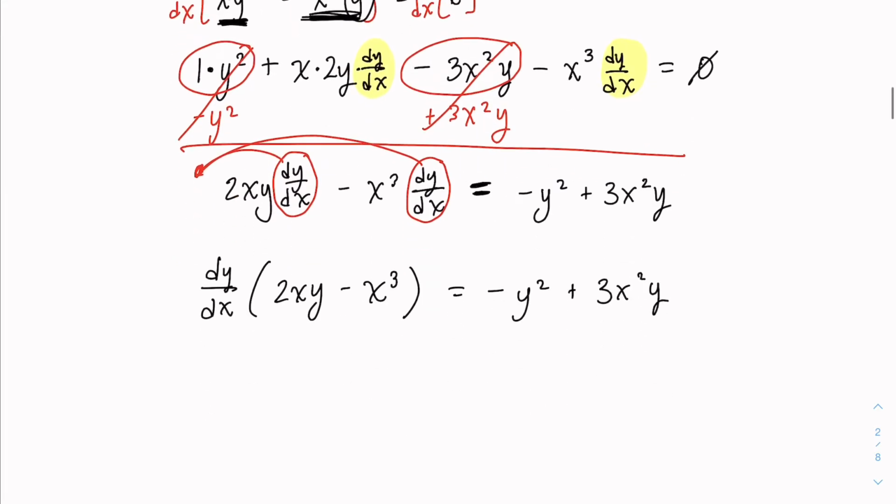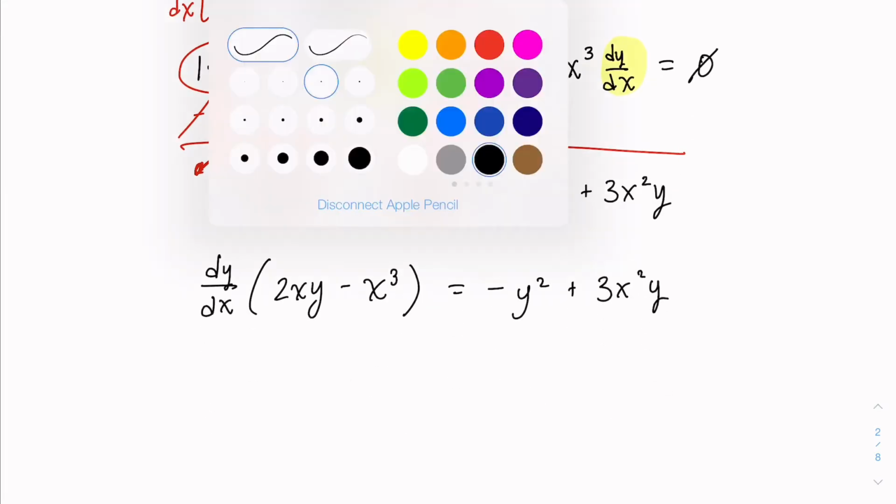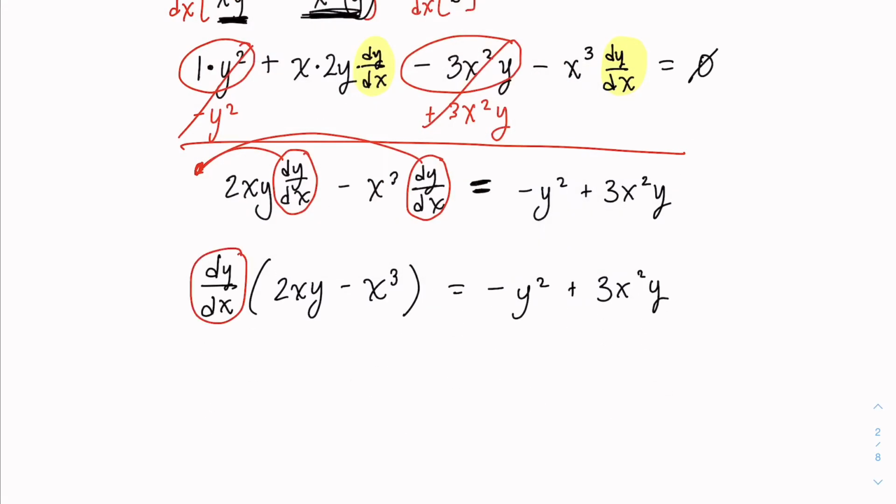Now it's factored, I can simply finish the problem and isolate dy dx through one simple division.